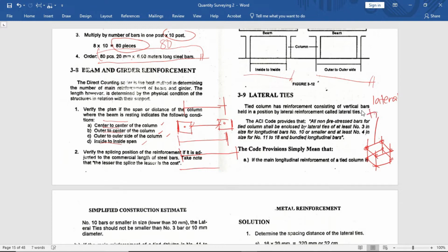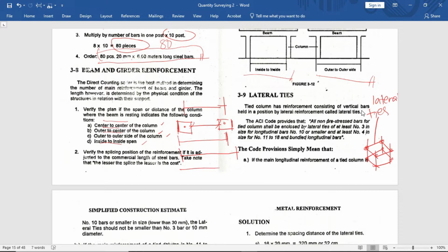Lateral ties. Yan. Ito. So, the ACI code or the American Concrete Institute code provides that all non-pre-stressed bars for tied column shall be enclosed by lateral ties of at least number 3 in size for longitudinal bars, number 10 or smaller, and at least number 4 in size for number 11 to 18 unbundled longitudinal bars.